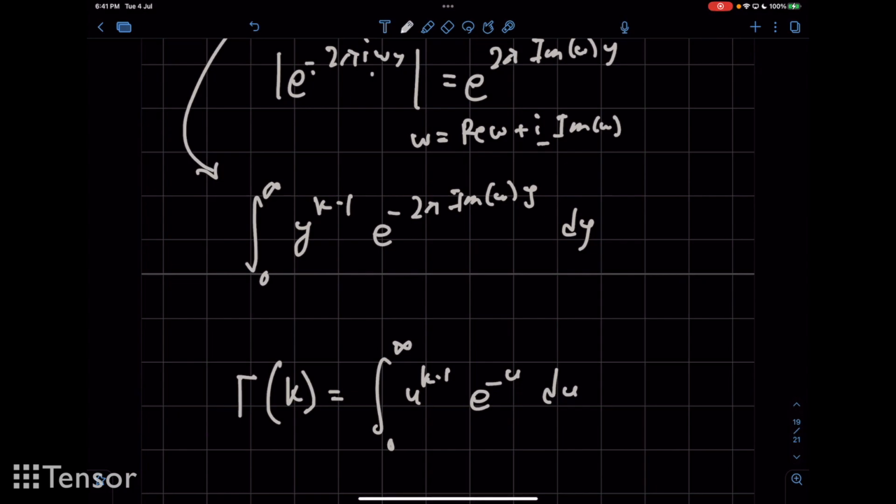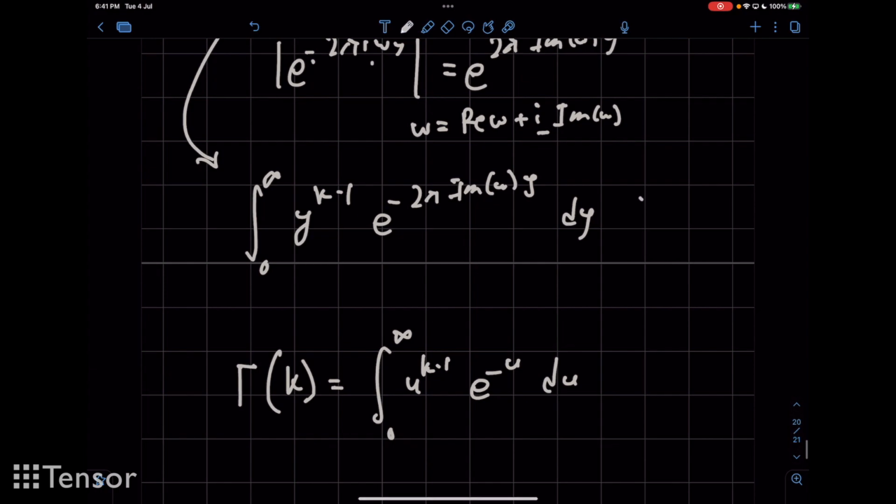So we just need to change the variables a little bit, then we'll have a constant factor in front. And this is obviously bounded by gamma of k. And what is gamma of k? Gamma of k is (k minus 1) factorial times some other constant factor.